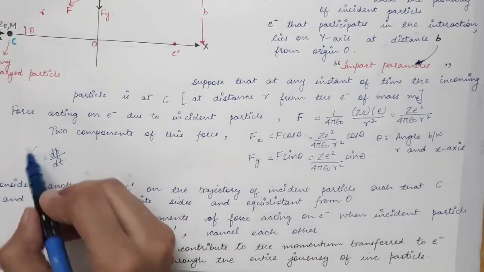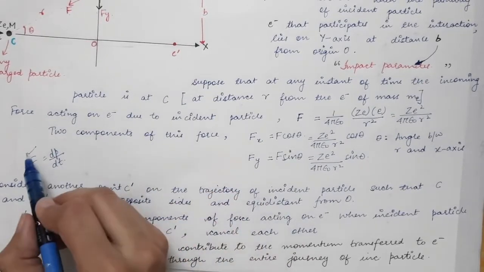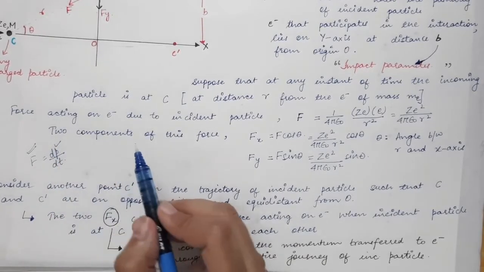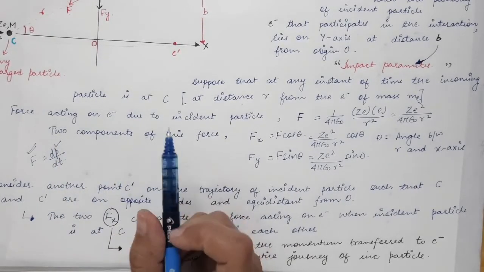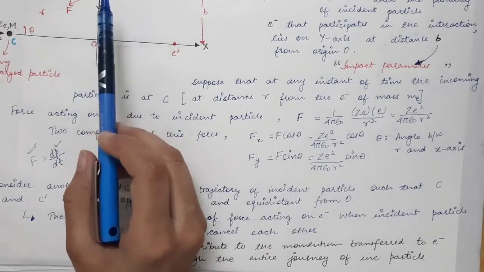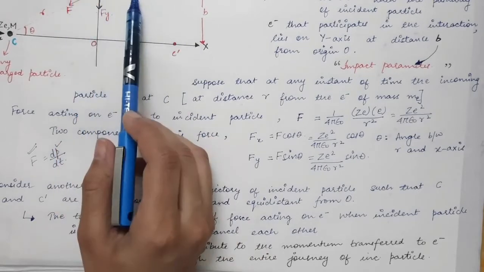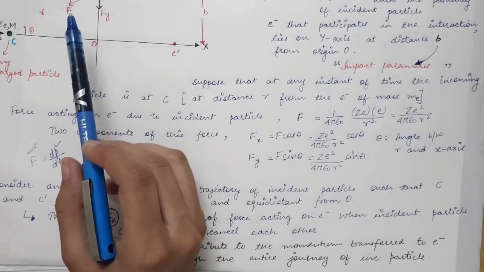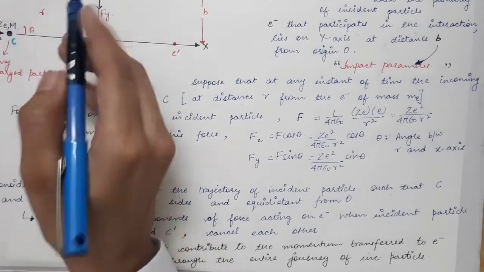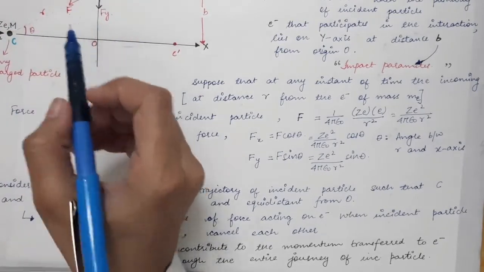So if there is force, some force always imparts a momentum to the particle on which it is acting. In this case, the x components of the forces will cancel with each other because they are pointing in the opposite direction.